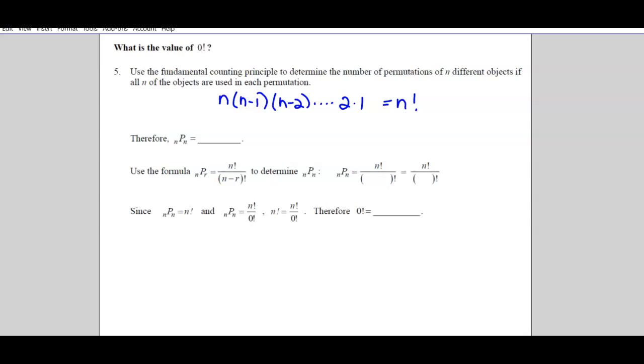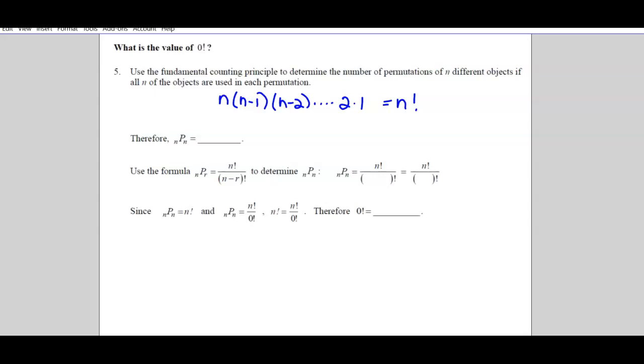We did that the other day. We didn't need to know notation. We knew that arranging all of the objects will be that factorial, however many objects you have. Now that we've learned our permutation notation, we have n objects to start, and we are arranging all n of them.